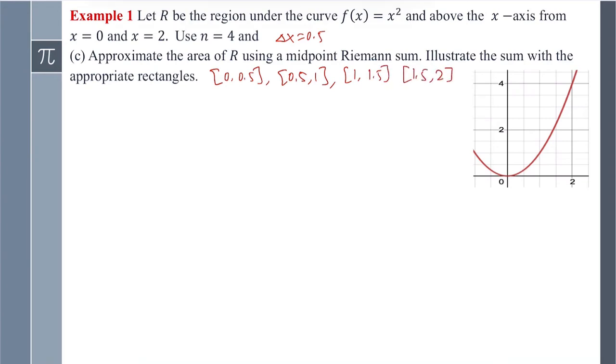But to determine the height, we're not going to use the left or right endpoint; we are going to use the midpoint of each sub-interval, midpoint here, midpoint here.